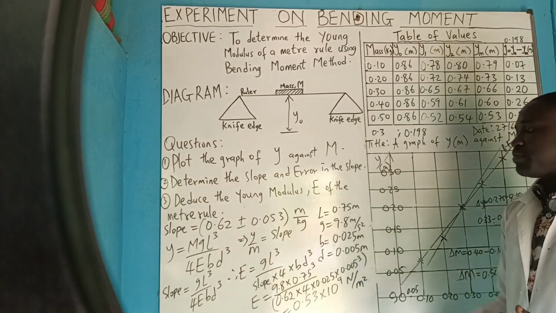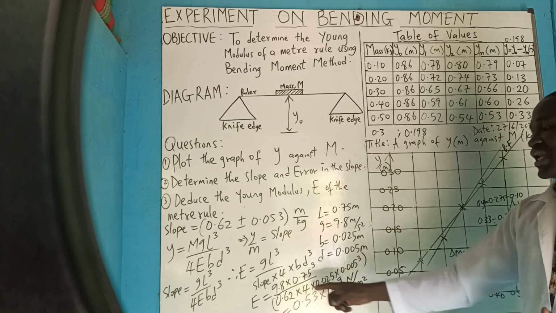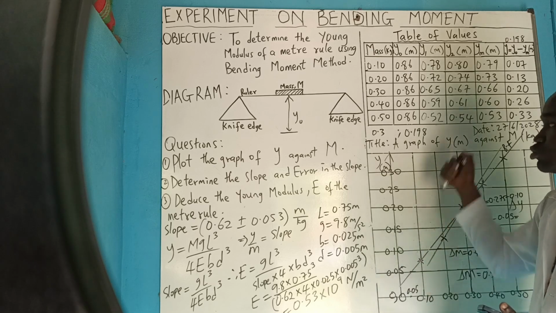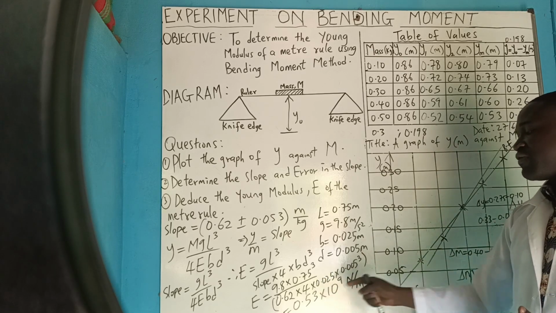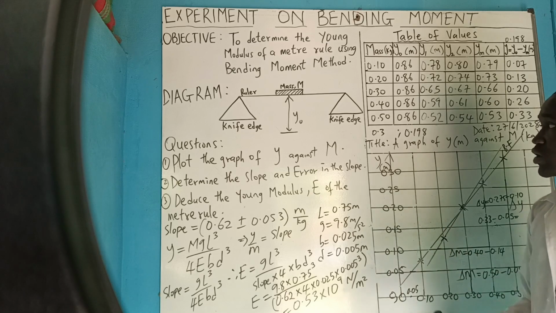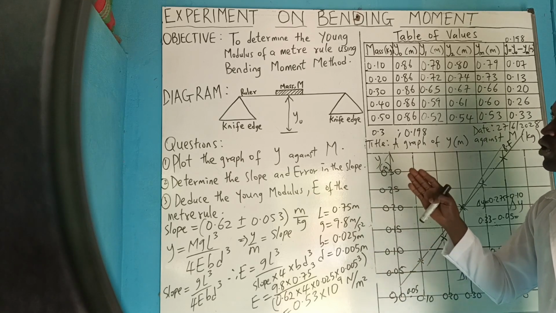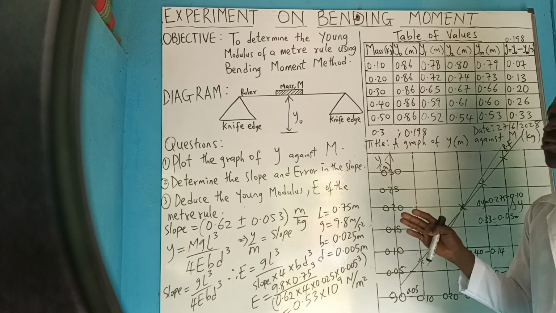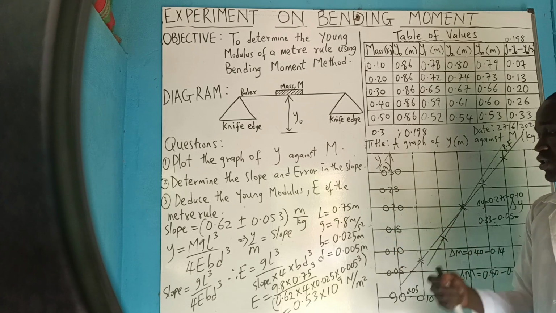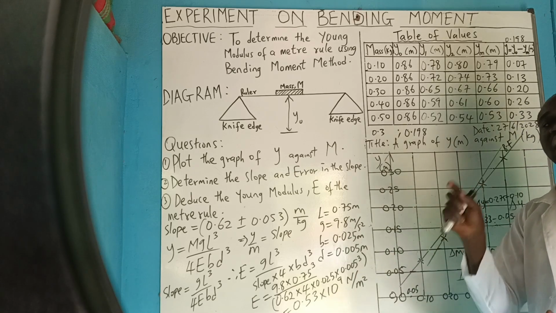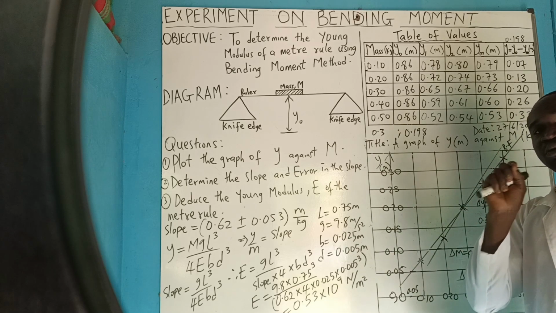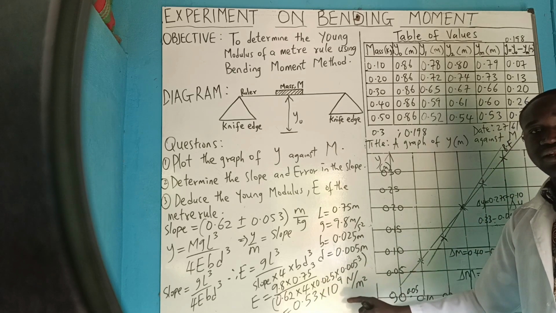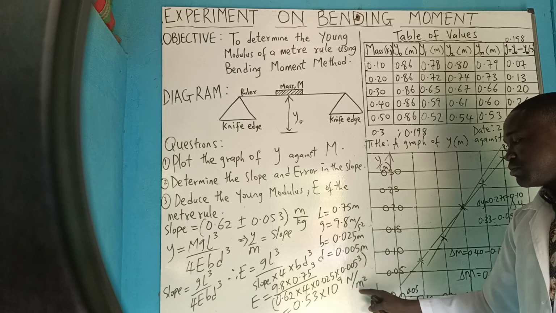So in the starting part of this video, we said let our E be 0.5. But after doing everything, we are now getting 0.53 times 10 raised to the power of 9. So that is how to perform experiments on Young modulus of a meter rule using the bending method. That means quantitatively, how stiff or how flexible the meter rule is is equivalent to 0.53 times 10 raised to the power of 9 Newton per meter squared.